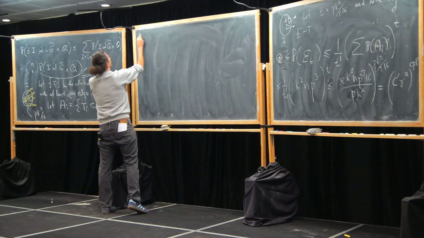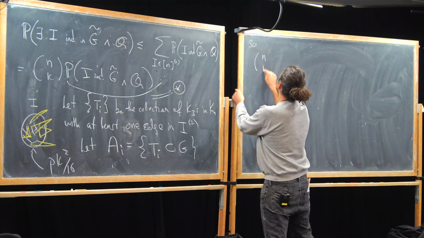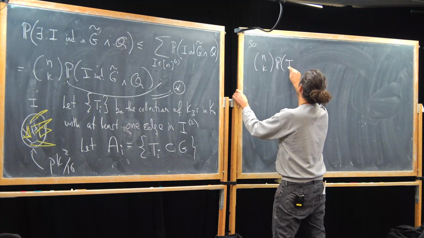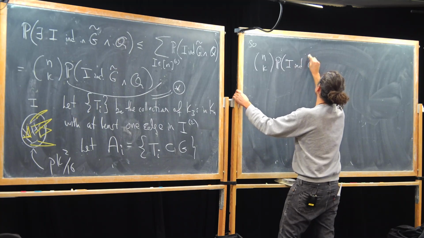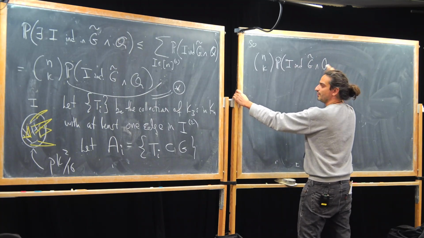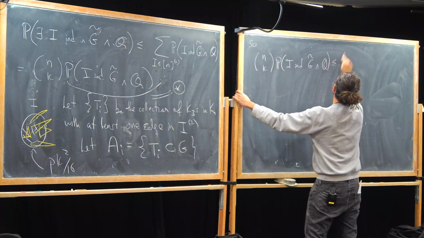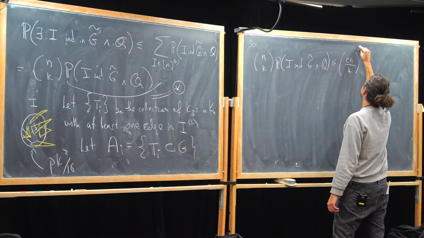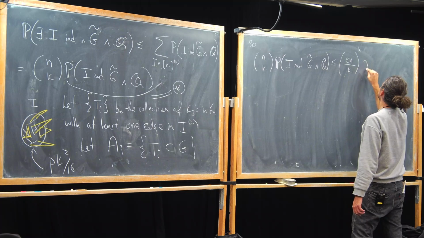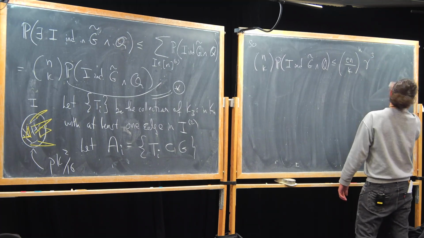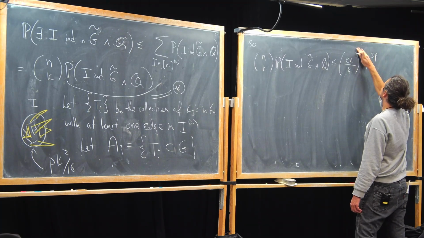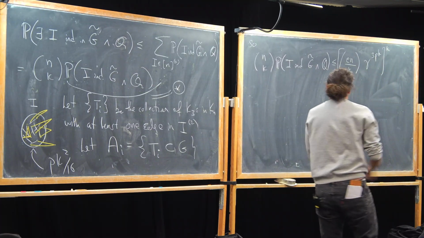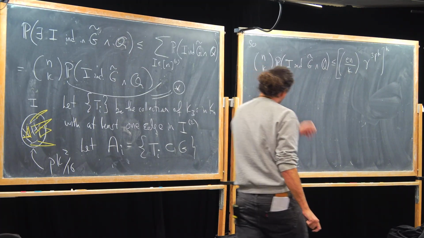Okay, so n choose k times the probability, this business here, independent in g tilde and q, is at most en over k to the k times this, which is basically gamma cube pk squared. I'll just pull a k out for now. Like this. Good.